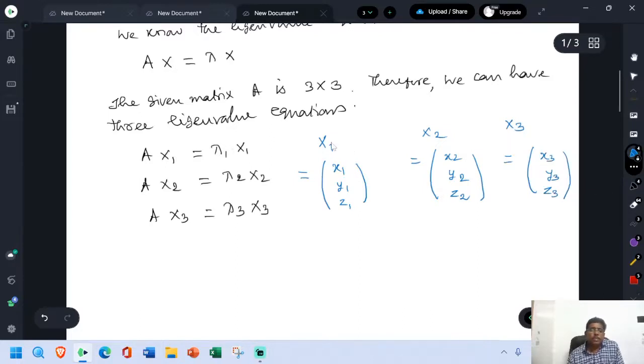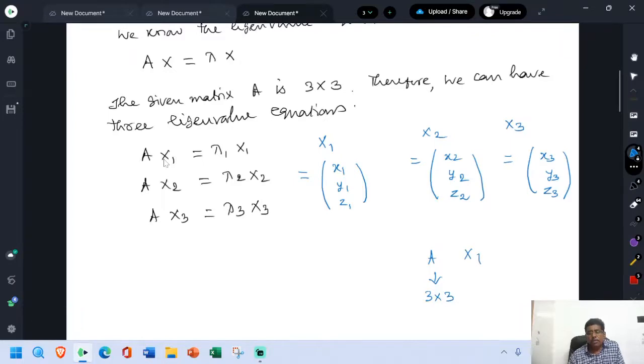The matrix x1 is a column matrix with 3 elements, because if you consider the term A into x1, this is matrix multiplication. The matrix A is having order 3 by 3. So the multiplication matrix x1 should start with the 3 rows. That is a rule available in matrix multiplication. A is 3 by 3 in order. Now we have to multiply with x1.